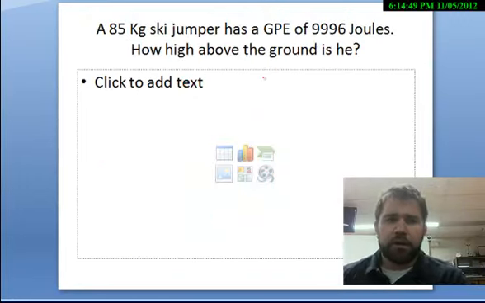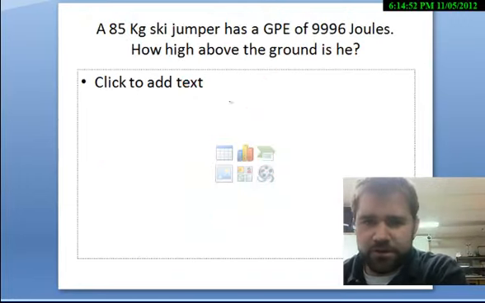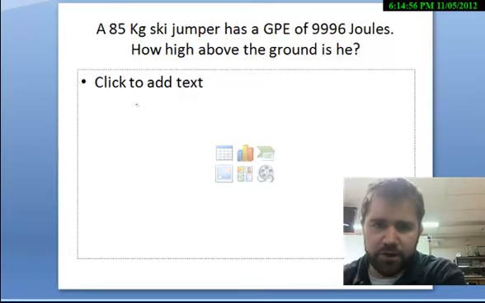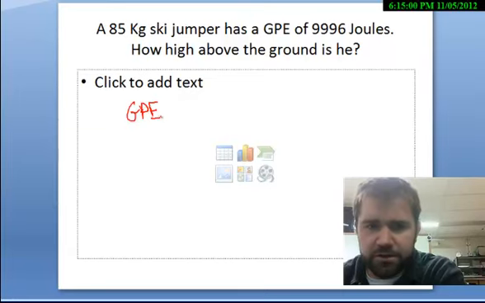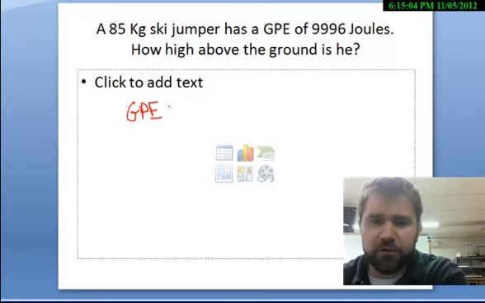Okay. An 85 kilogram ski jumper has a gravitational potential energy of 9,996 joules. How high above the ground is he? So now they give us the potential energy and the mass, but they want to know the height.